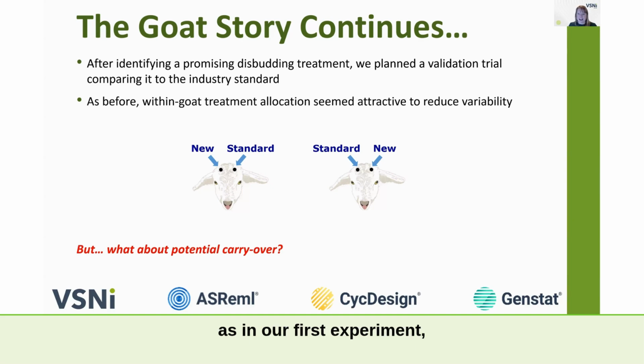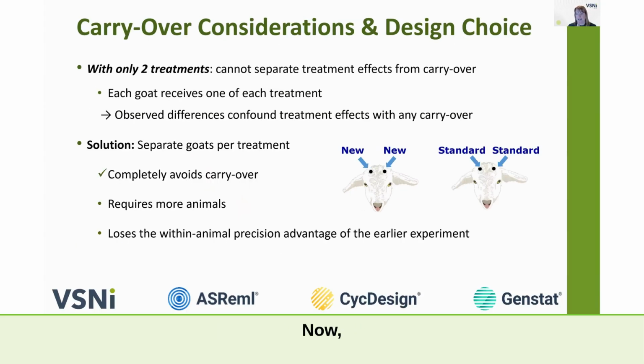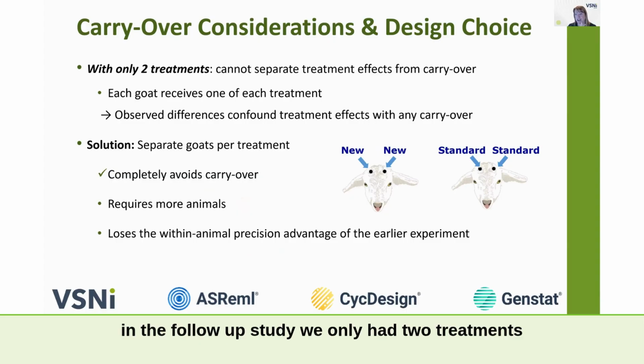Now, as in our first experiment, within goat treatment allocation seemed attractive. However, what about the potential carryover effects? Now, in this follow-up study, we only had 2 treatments, and had each goat received both, we wouldn't be able to separate the treatment effects from any potential carryover.